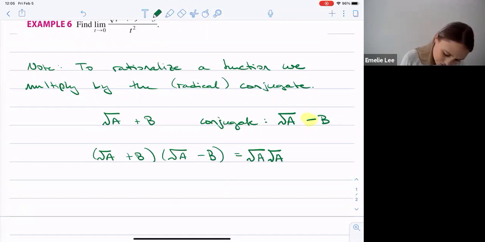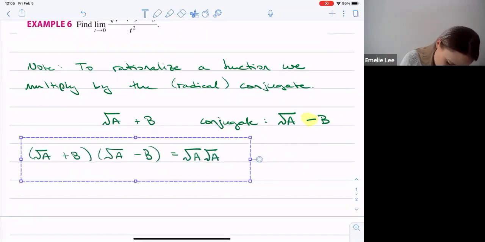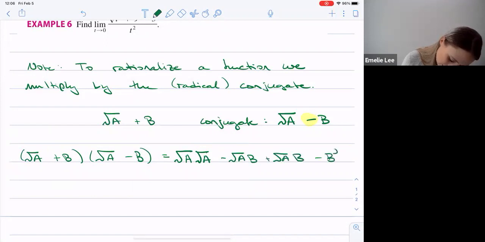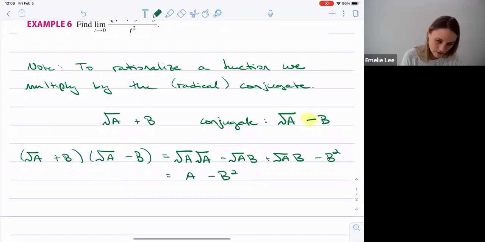Then root of a times negative b, so minus the root of a times b, and then plus the root of a times b, and then minus b squared. Once we cancel these terms, we're just left with a minus b squared. And so we have eliminated the root, but we've moved it to the denominator.